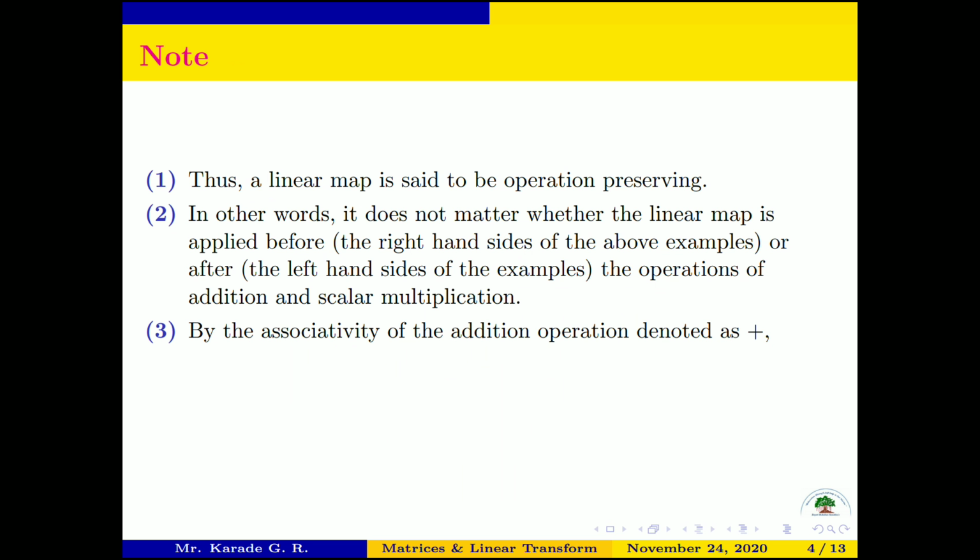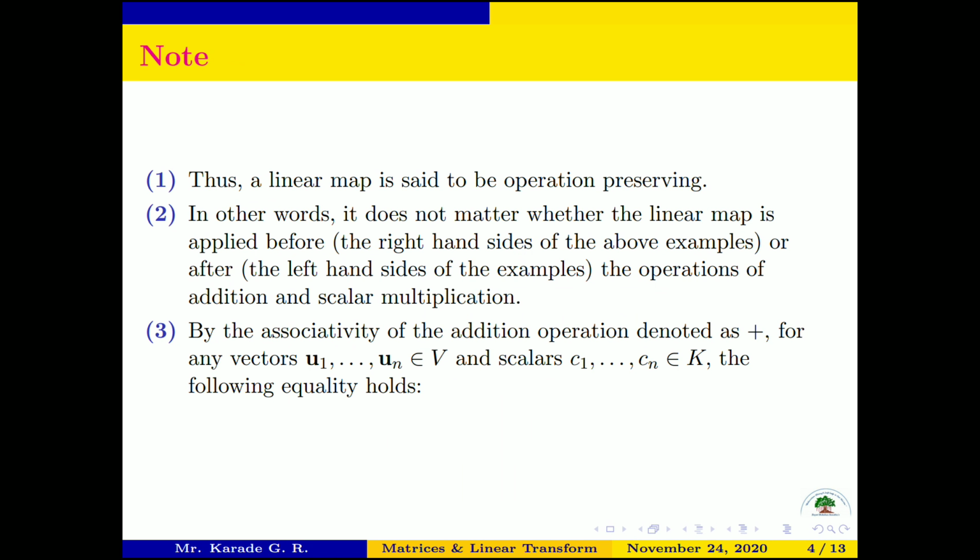By the associativity of addition operation denoted as plus sign, and vectors u1 comma dot up to un belongs to V, and scalars c1 comma up to cn belongs to K, the following equality holds.